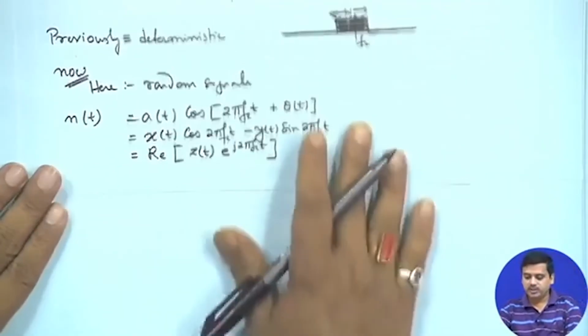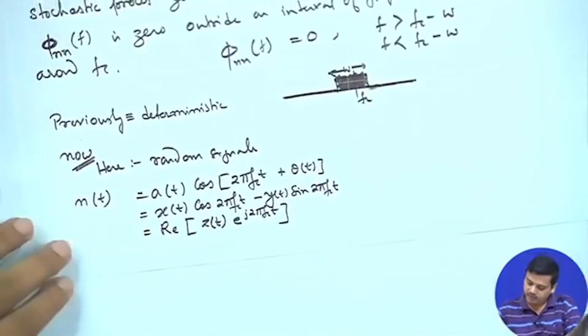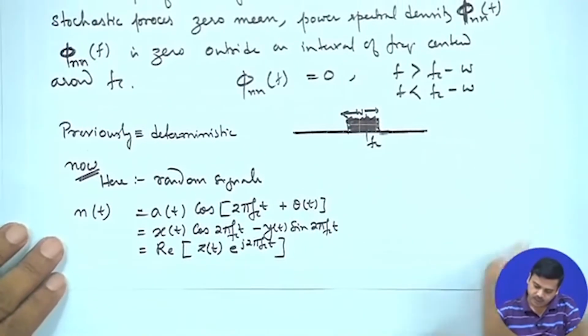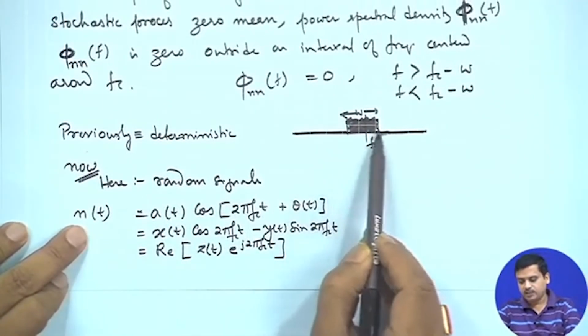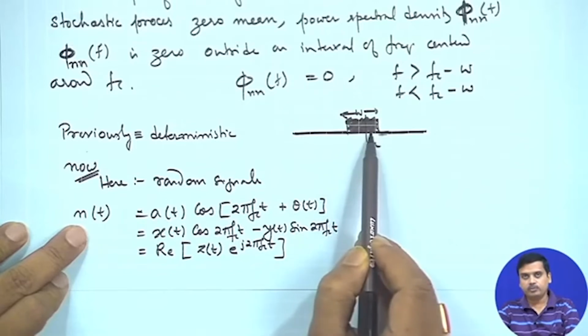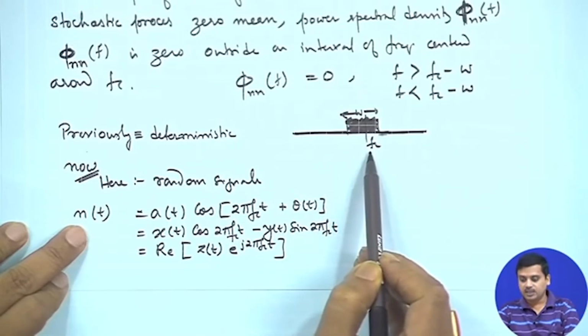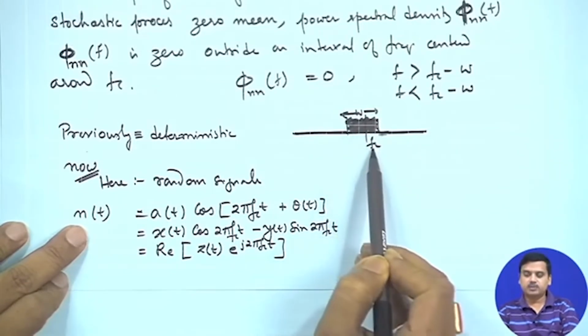So, please note here that all that we have said here is this is a sample function of a signal which is band limited to W centered around f_c, and W is much smaller than f_c.